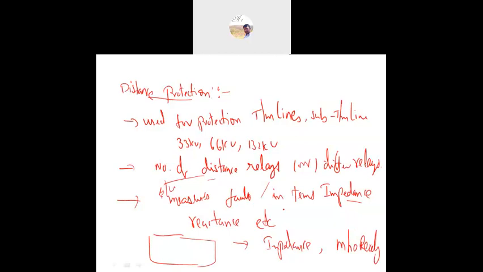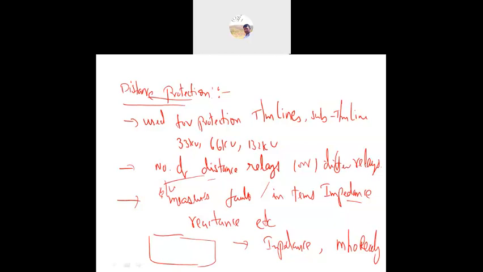There are impedance relay types, mho relay types, and reactance relay types as well. The impedance relay measures in terms of impedance, and the mho relay measures the component of admittance. The inputs it takes are impedance, admittance and reactance, and based upon these inputs we can use this type of distance protection.